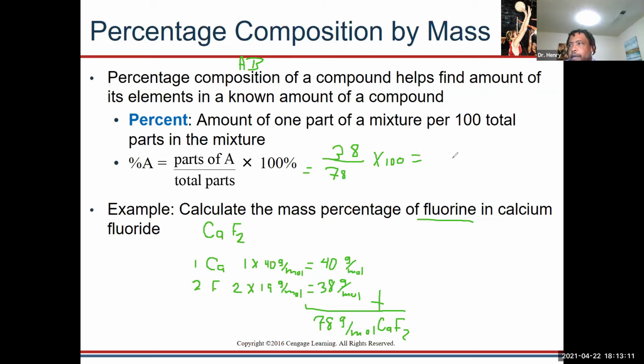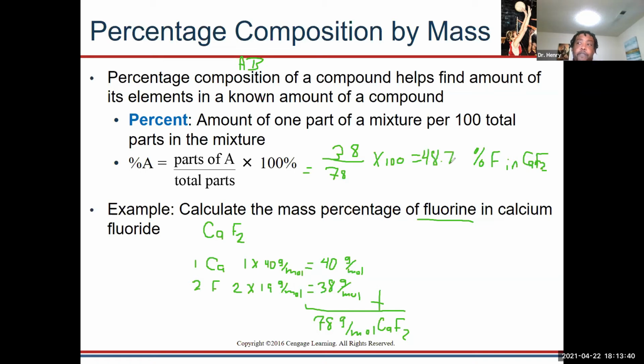That's going to give me my percent mass of fluorine in calcium fluoride. Okay, so what do you guys get? 48.7.